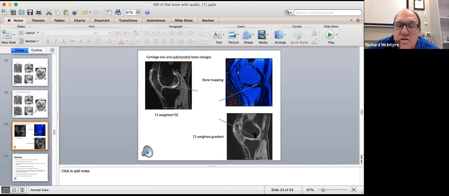Okay, we can do certain T2 weighted sequences where we can get that signal without having to give contrast. Okay, or at least attempt to get that bright arthrogram effect without injecting contrast into the joint.